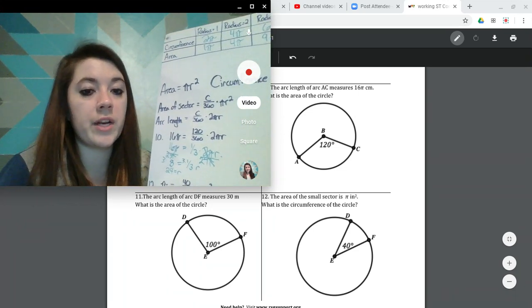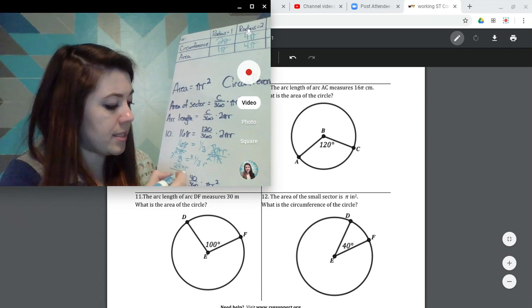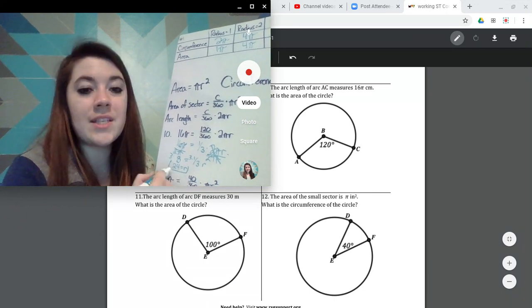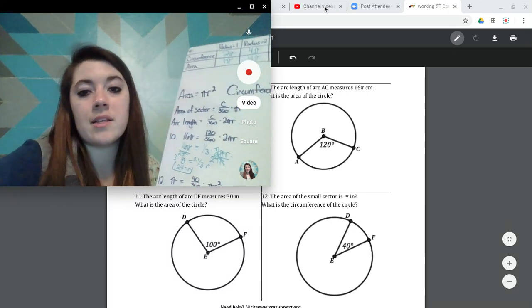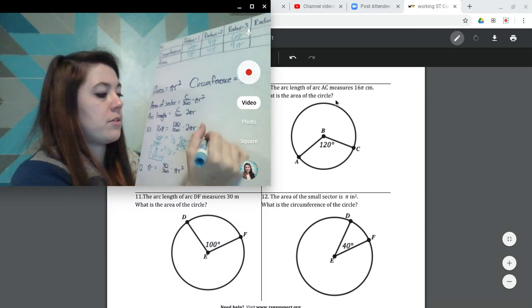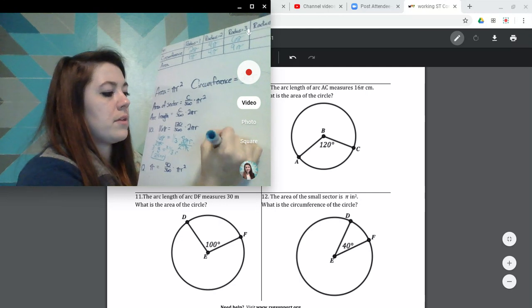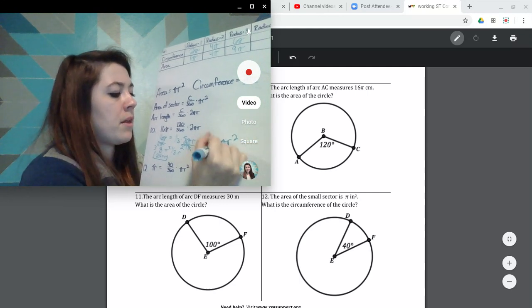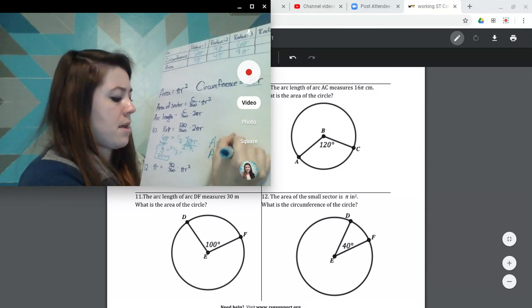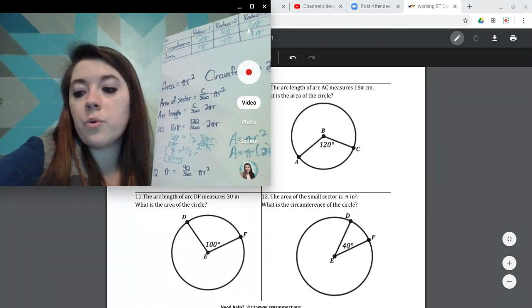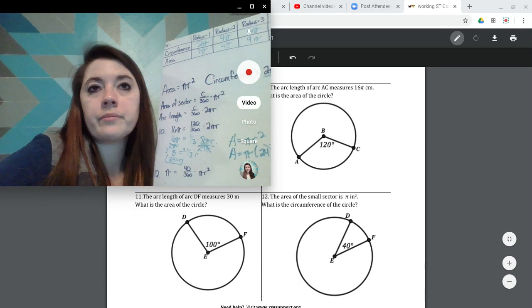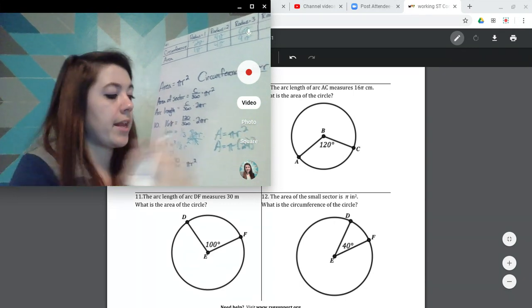A fairly large radius for this, but this is not our final answer. We just needed it to find the area of the circle, because that's what the question is asking. Remember, area equals pi r squared. So area equals pi times 24 squared, and 24 squared is 576.